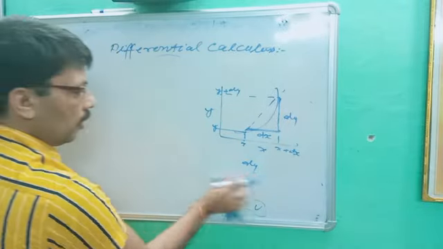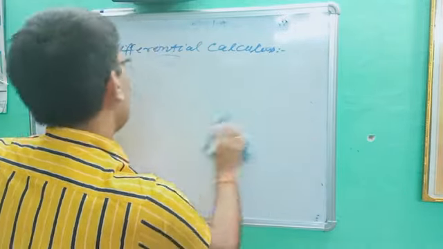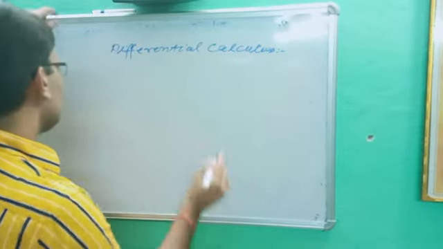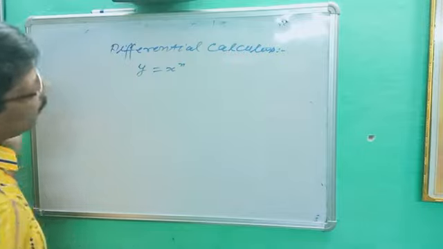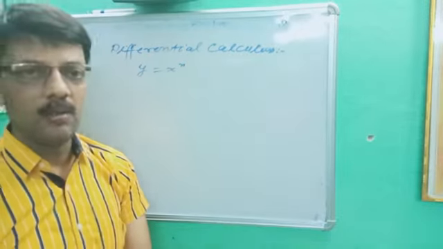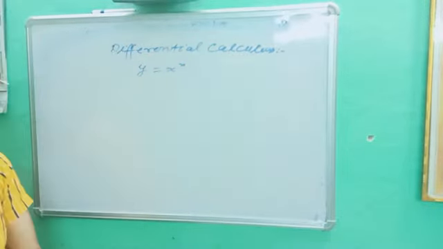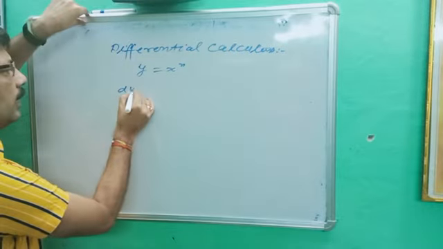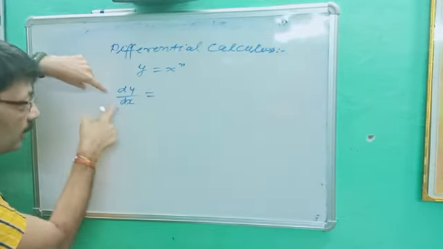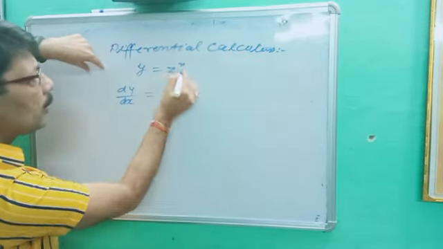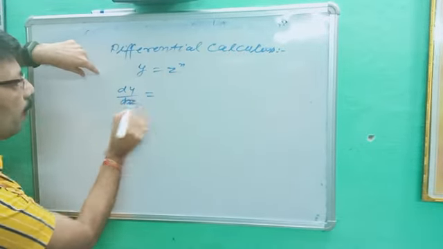So now see some formulas for this, and the first important formula. Let's suppose y is equal to x power n. Mostly 90% of questions you will use this formula. So you will get dy upon dx, since y is a function of x, you have to take d upon dx. If z power n is written, you have to take dy upon dz.